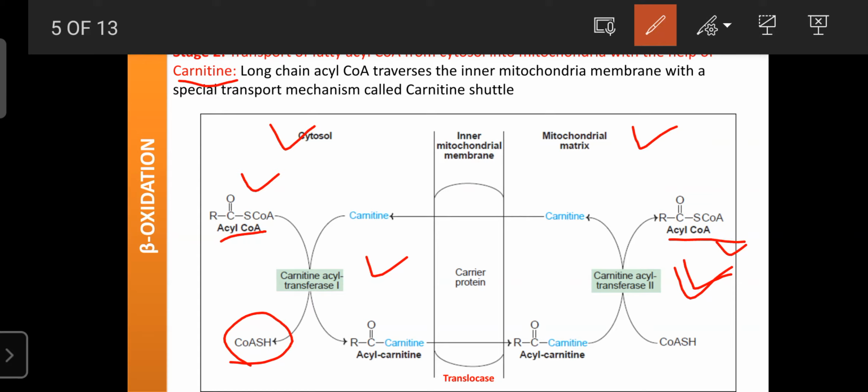Like that, from the cytosol it enters into the mitochondrial matrix, then goes for the further stages of beta oxidation. That's why carnitine is helpful for transport of acyl CoA from the cytosol into the mitochondrial matrix, and this transport mechanism is also known as the carnitine shuttle.